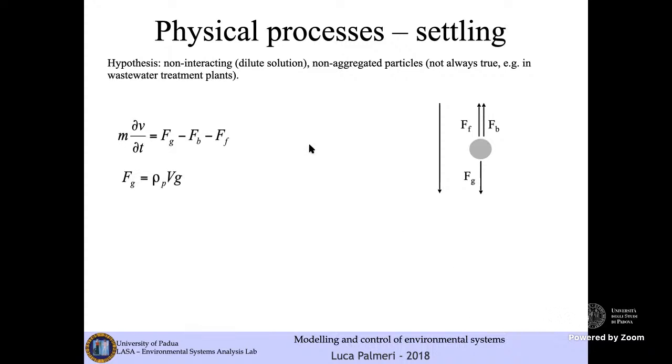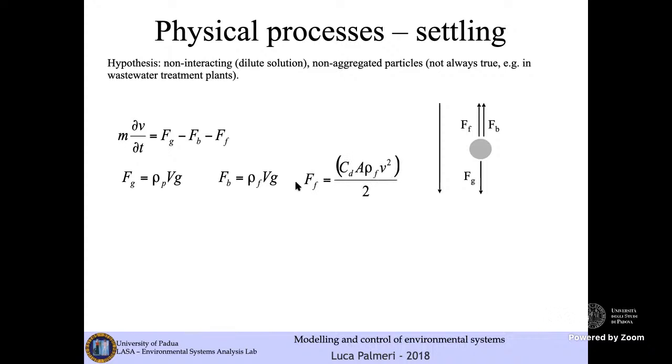I'm sure you have already seen this derivation, in particular for the gravitational force. For the force due to gravity, we may write that the density of the particle times the volume of the particle times the gravity acceleration g is equal to the gravitational force. On the contrary, for the buoyancy force, we may write that the density of the fluid times, again, the volume of the particle times the acceleration of gravity g is equal to the buoyancy force.